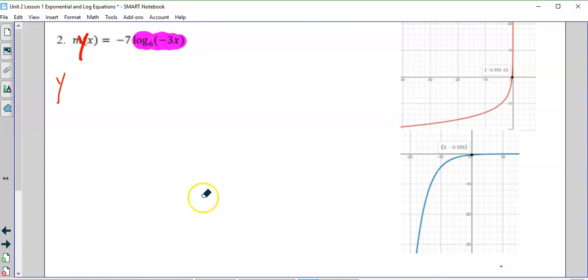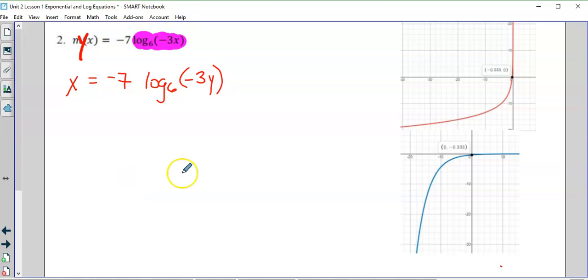X equals negative 7 log base 6, and I don't need parentheses right there. I just put them in the wrong place. Negative 7 log base 6 of negative 3, and then we put a y there instead of an x.